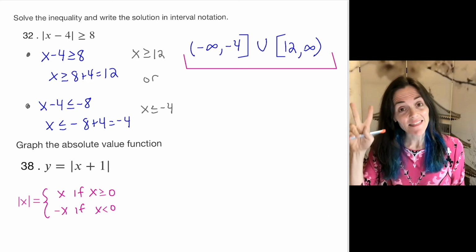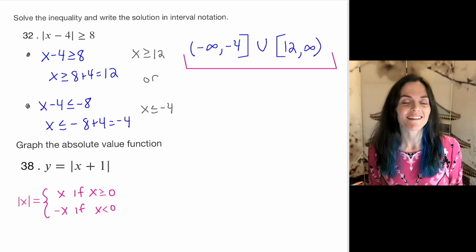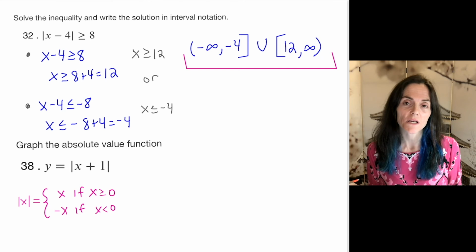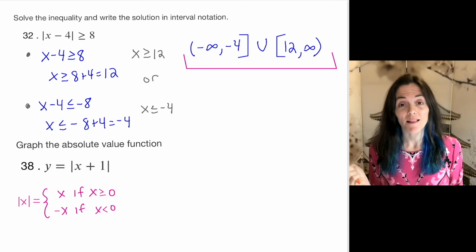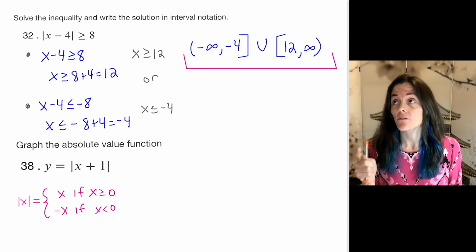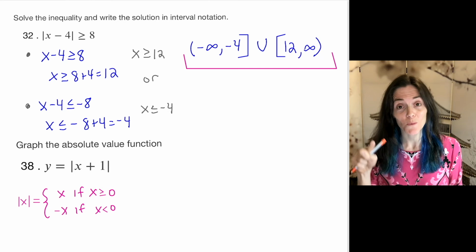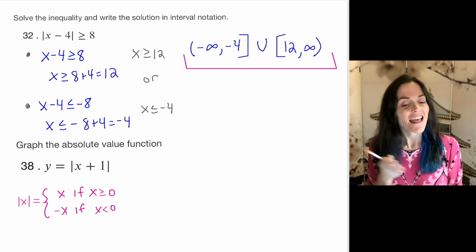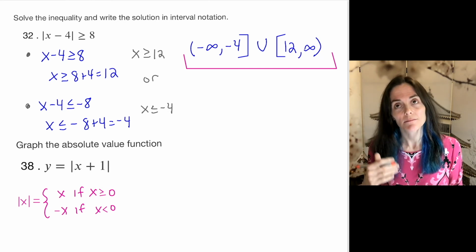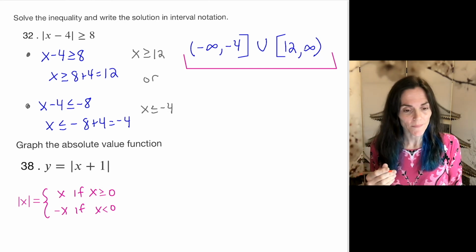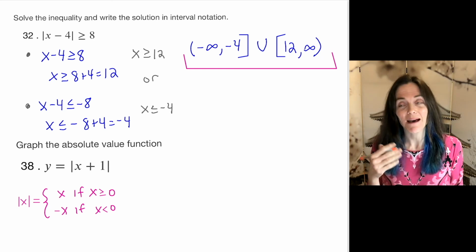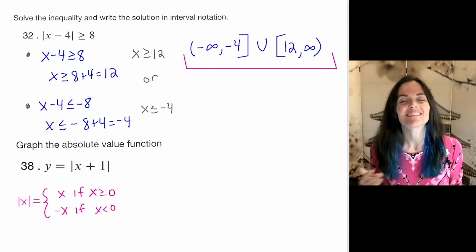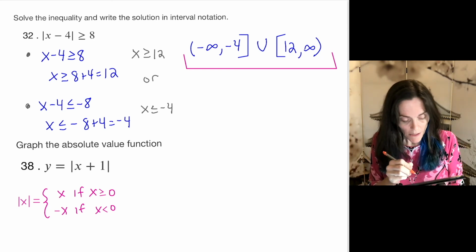To get the absolute value of x plus 1 as a piecewise defined function, I could make a number line as we did in the lesson video for the absolute value of x squared minus 4. This one, though, is a little bit simpler than that example, and so I'm going to go about a little bit shorter of a way.